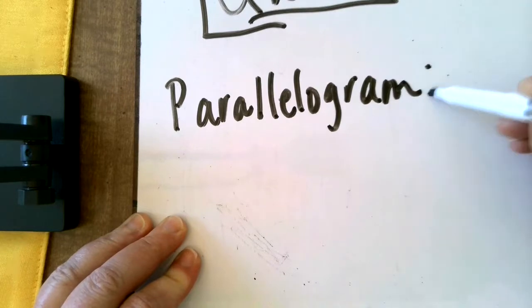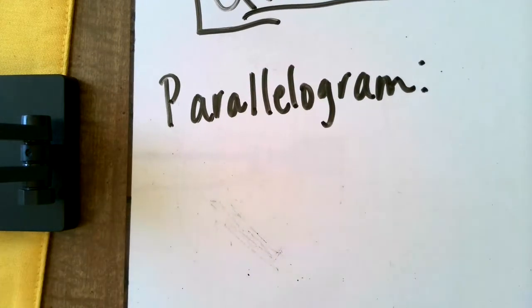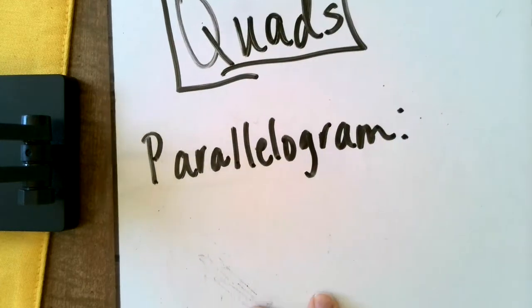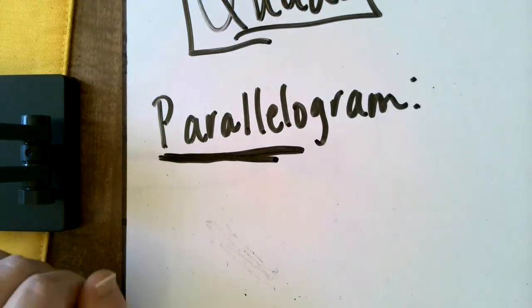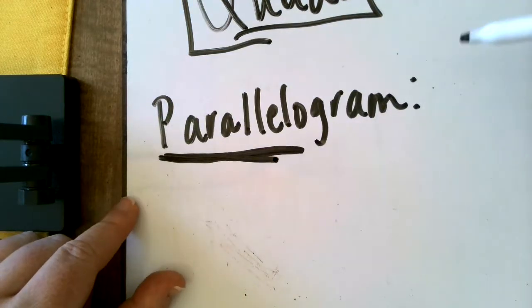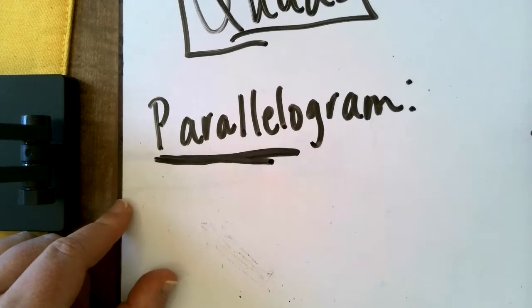And a parallelogram, I think, as being the most non-specific of the quadrilateral group. Parallelogram has the word parallel in it. And if something is parallel, it means it has sides that will never intersect.